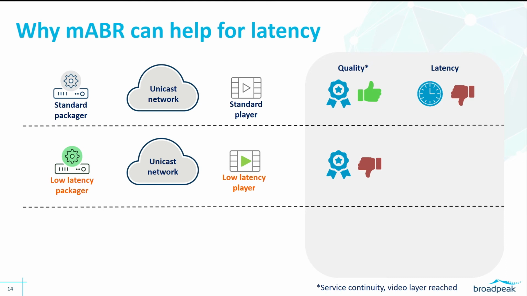So we could have some congestion points. The quality could decrease because your buffer is very low, so you will not be able to deliver the same quality that you have when you have a big buffer and you can ask again for the packets, for example. So this is why the quality is not very good on the unicast network, but the latency is good. So this is where we are.